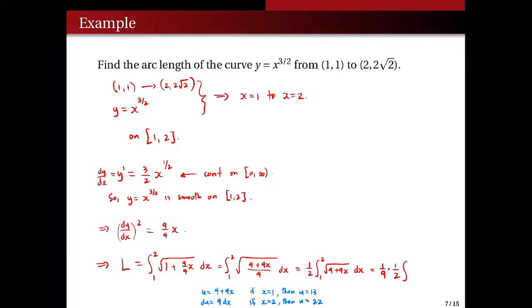Then we have the integral from 13 up to 22 of square root of u du. If we calculate this, this is just 1 over 18 times u raised to 3 halves divided by 3 halves. Let me adjust all these calculations here.